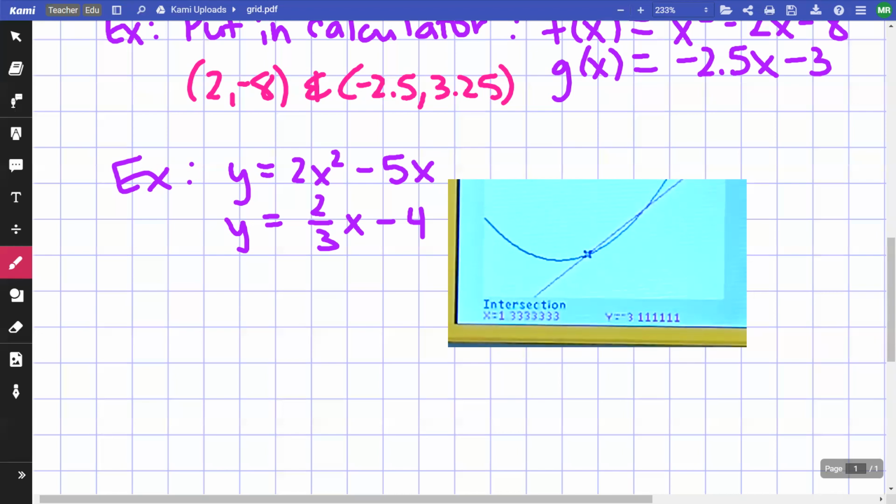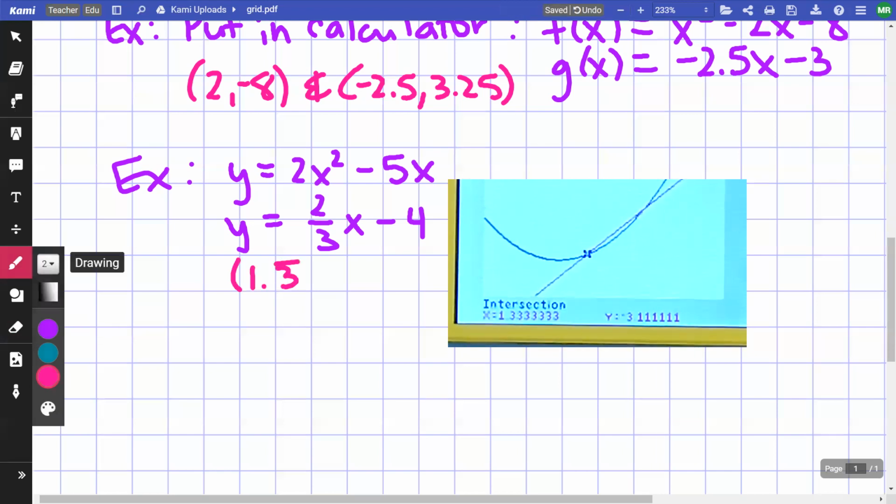Never would have guessed that, right? So for this one, I got, not negative, sorry, 1.3 repeating, comma, negative 3.1 repeating was one answer.